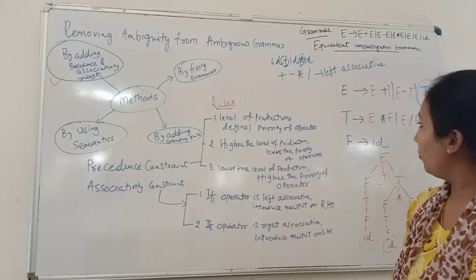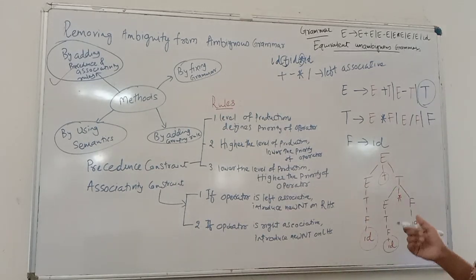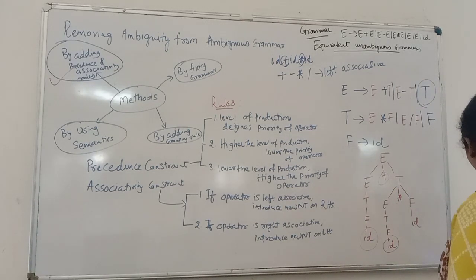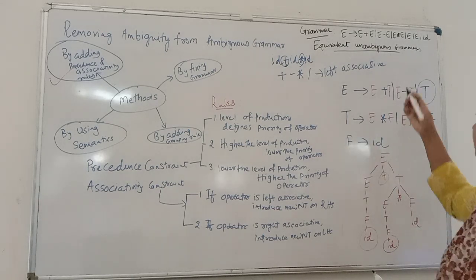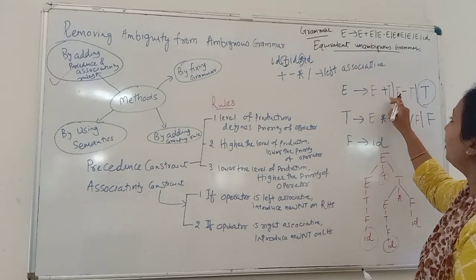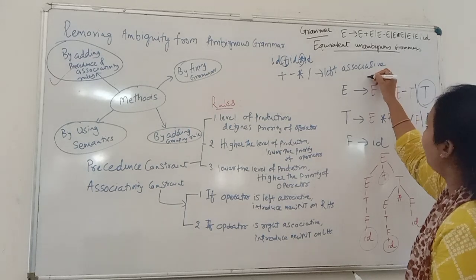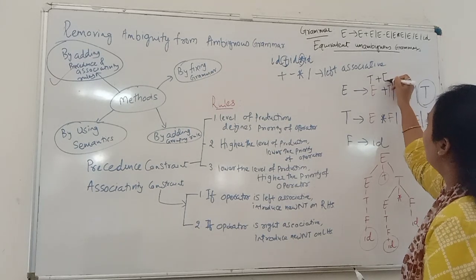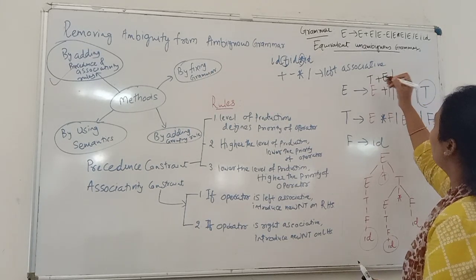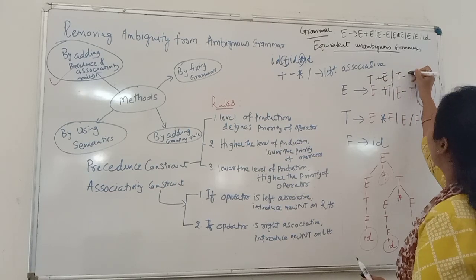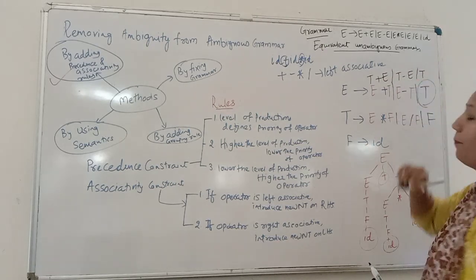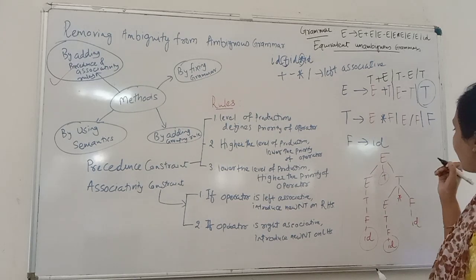Now there is one common question: what happens if we introduce this T on the left hand side instead of the right hand side? If we write E to T plus E, T minus E and T, what happens in that case? So let's take one more example.